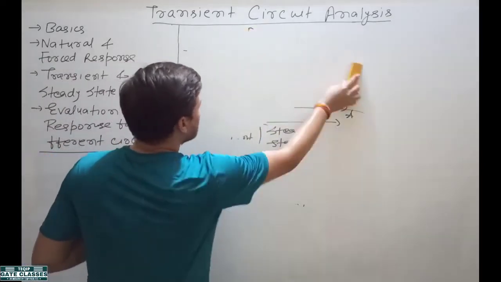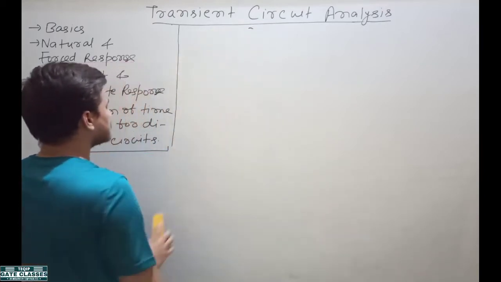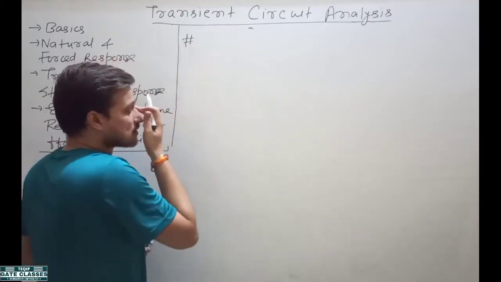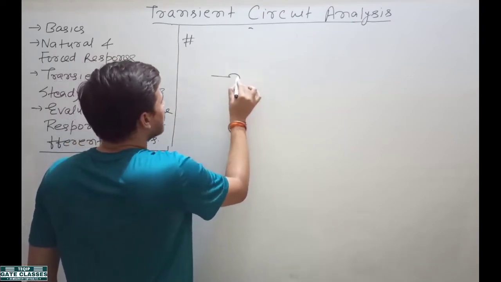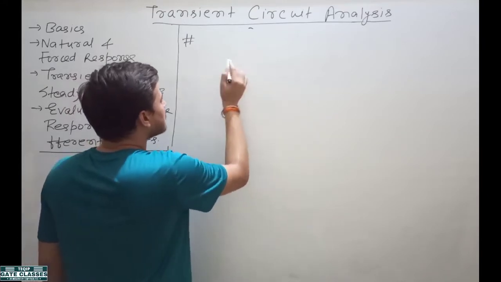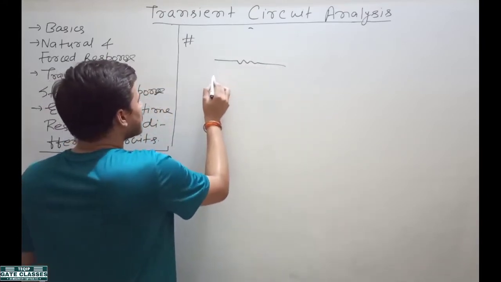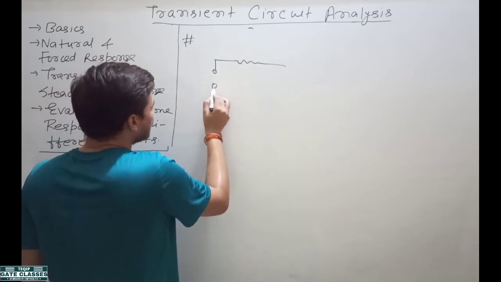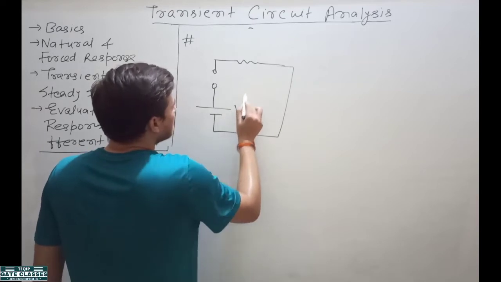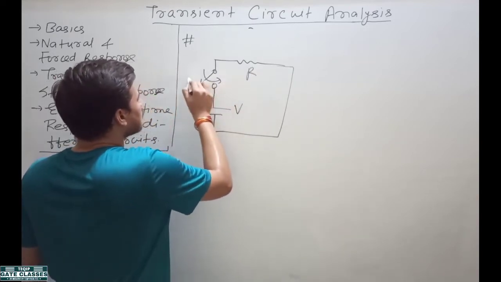Next, let us discuss about the initial and final conditions. Initial and final conditions means, suppose if you are having an inductor, or before inductor, let us take the example of resistor. So in the case of resistor, suppose the switch is given to you. Now you are having a voltage supply V. This is the resistance R. So now suppose this switch is closed at t equal to 0.